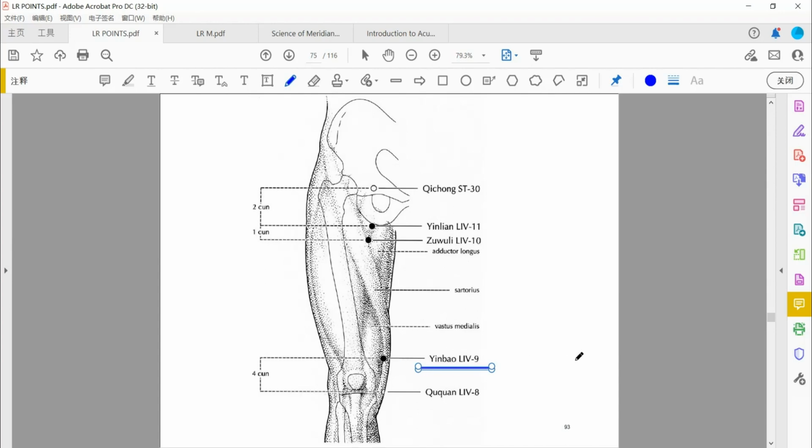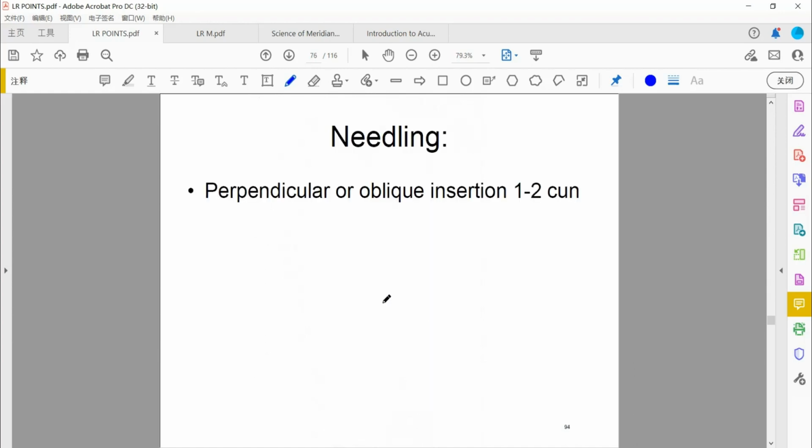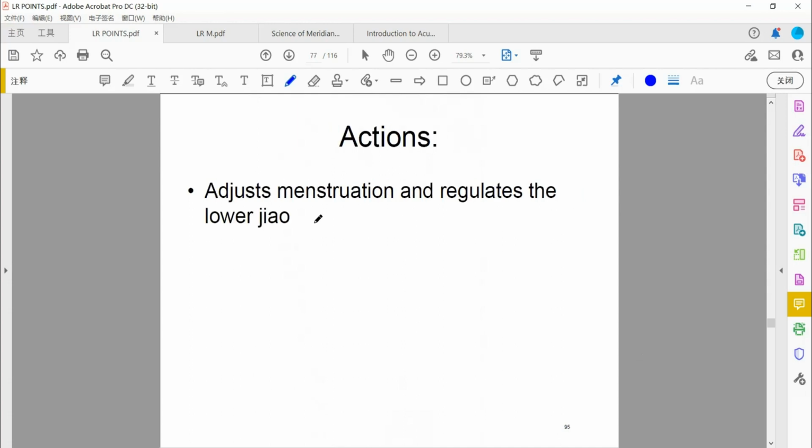Right. This one is okay, it's not that hard to find this point. Adjusts menstruation, regulates the lower jiao. We talk about the lower jiao, right? The lower abdomen, lower leg. That will be urination, defecation, menstruation, right?